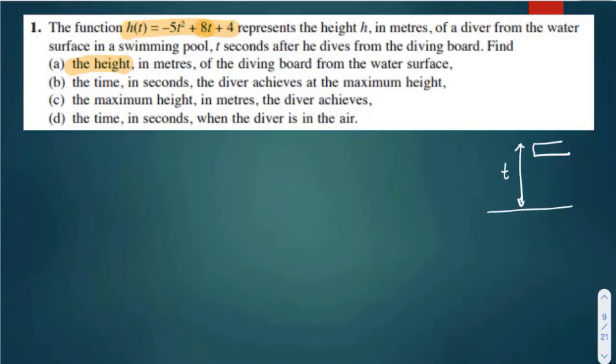Sorry, I labelled wrongly, this is supposed to be H, the height. Masa dia sampai sini tu masa dah tamat, so T is 0, so you mean your H(0).